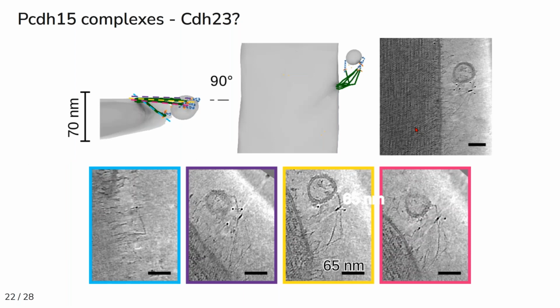We could also see the reverse, where in the shaft of a stereocilium we see a bunch of cadherin-23 molecules, and then we have a lipid vesicle that contains the corresponding protocadherin-15. So in this case, when the two stereocilia became separated, the protocadherin-15 side was pulled out.